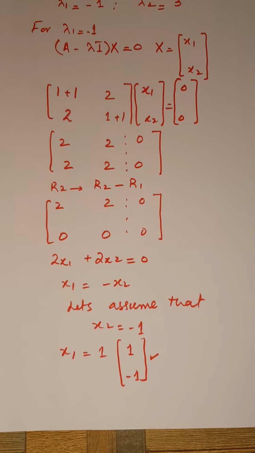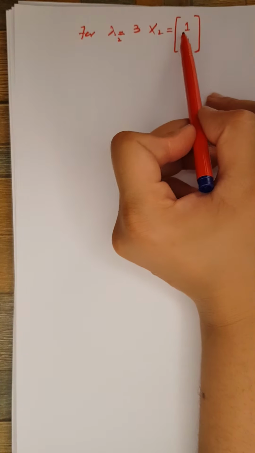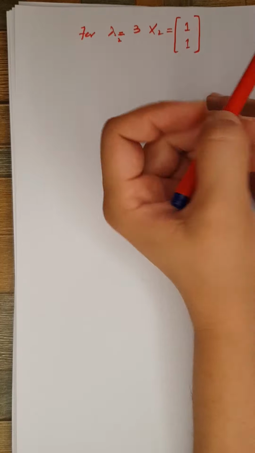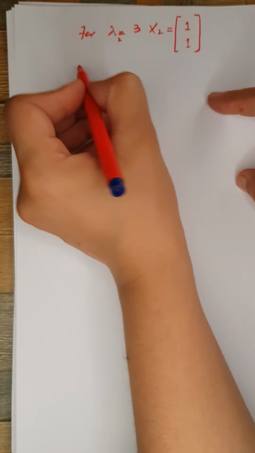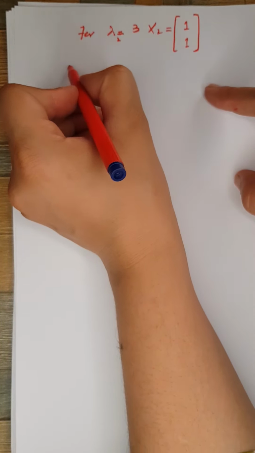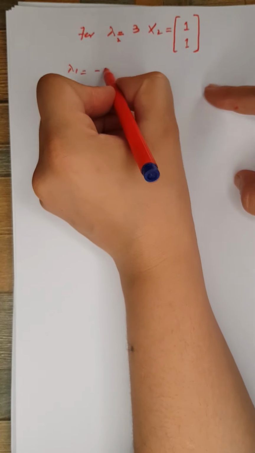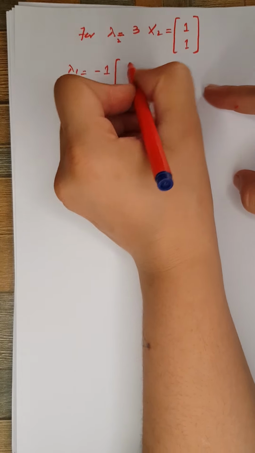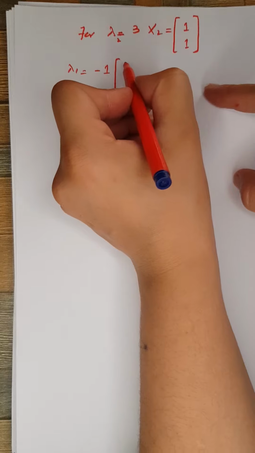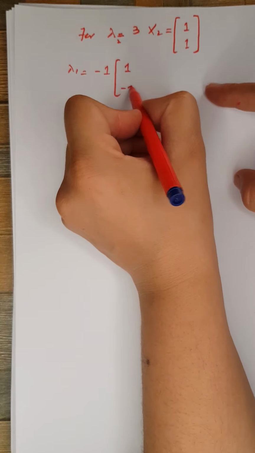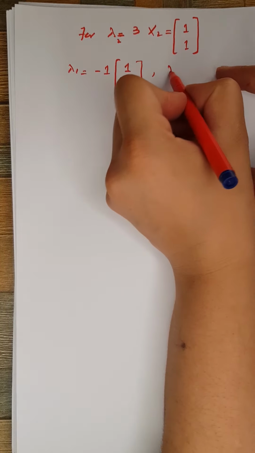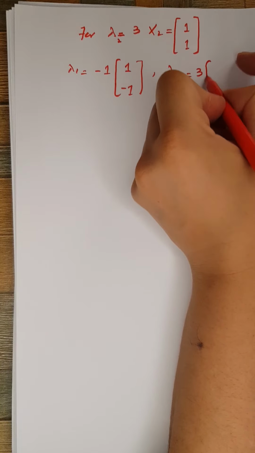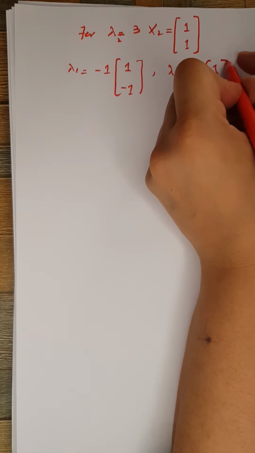Using the same procedure, you can find the second eigenvector, that is x2 is equal to 1 comma 1. Fine. So we got two eigenvectors: corresponding to lambda 1 is equal to minus 1 it is 1, minus 1, and for lambda is equal to 3 I got 1 comma 1.